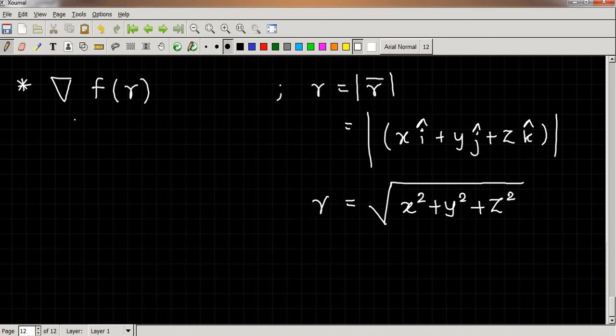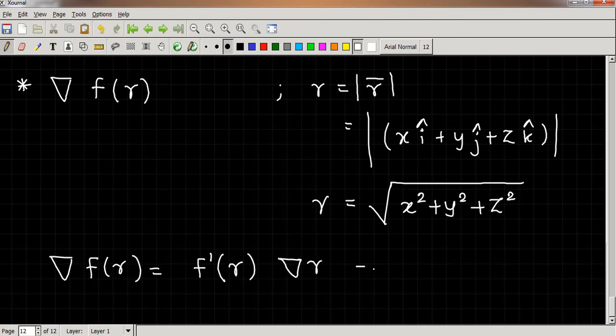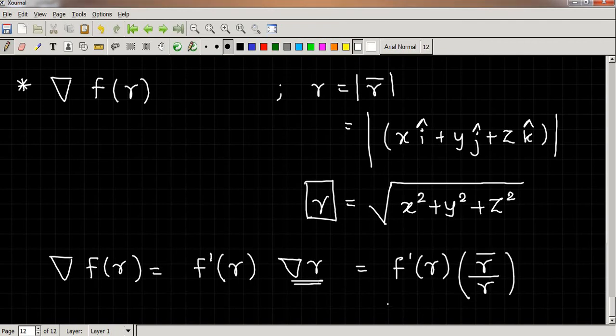So for evaluating this del of f of r, we apply the chain rule. First take the derivative of f of r with respect to r into the value of del r. Since r is a scalar function, if we simplify this, we get f dash of r into r bar upon r. So this formula is very essential and helpful for solving vector identities.